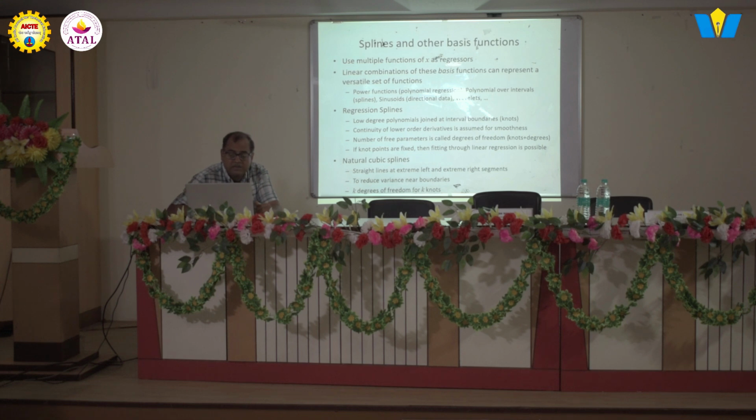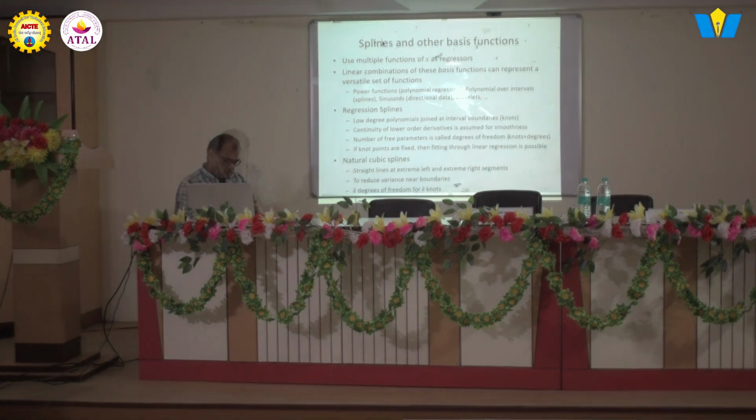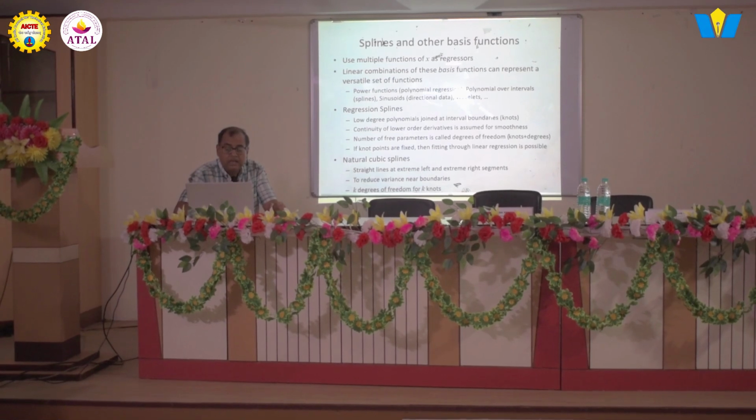So what happens when you do that is that, because of all these constraints, derivatives matching and all that, the number of parameters is actually the number of knots plus the degree of the polynomial. Yeah, and you can optimize over the locations of the knots also, but today I will not talk about that.